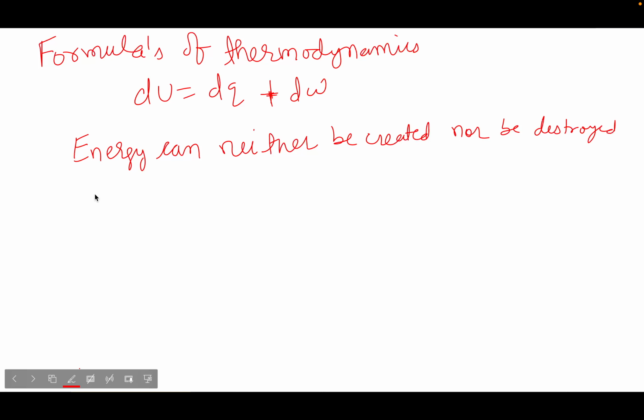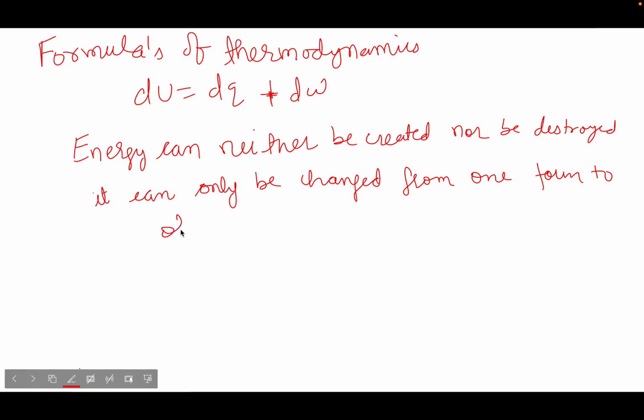It can only be changed from one form to other.